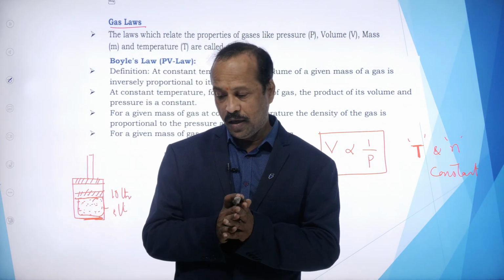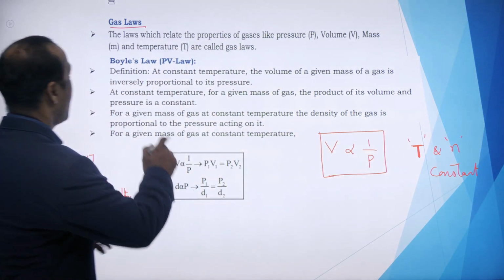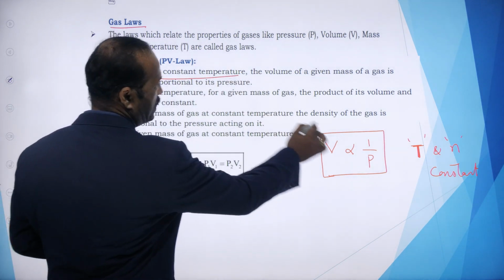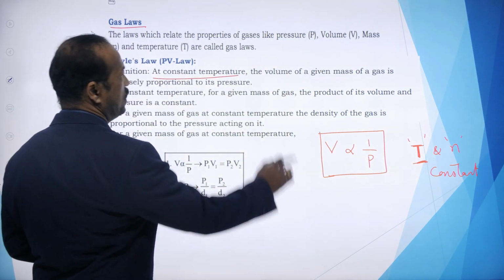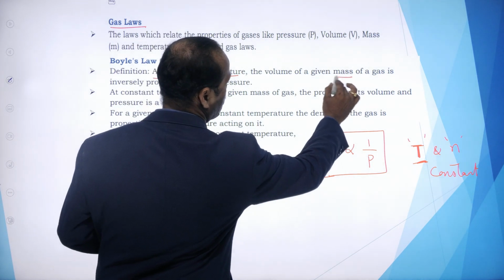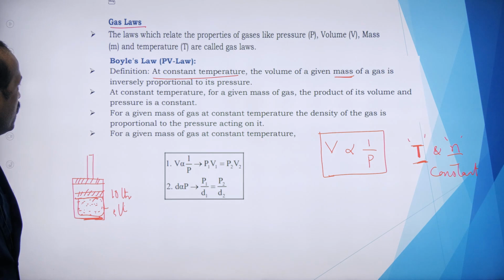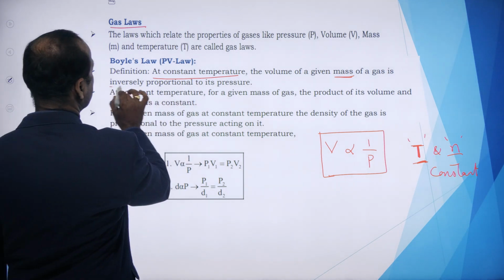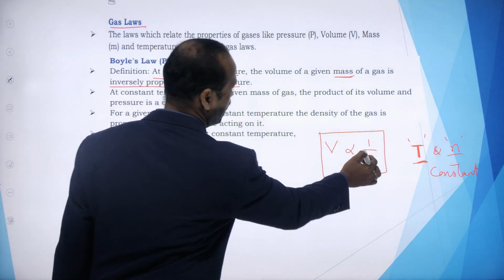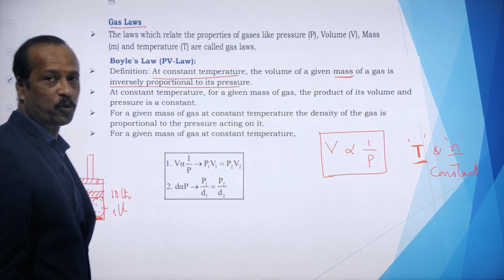So, this is called Boyle's law. Okay. So, what does Boyle's law say? At a constant temperature, the volume of a given mass, meaning mass is also constant, but instead of mass we say number of moles, is inversely proportional to its pressure. Inversely means reciprocal.